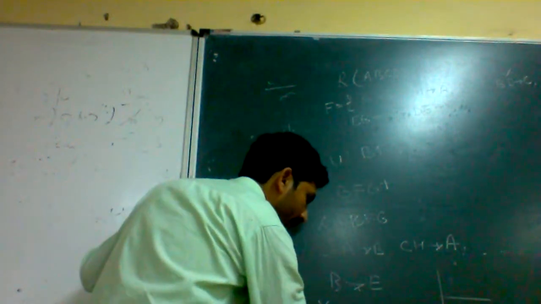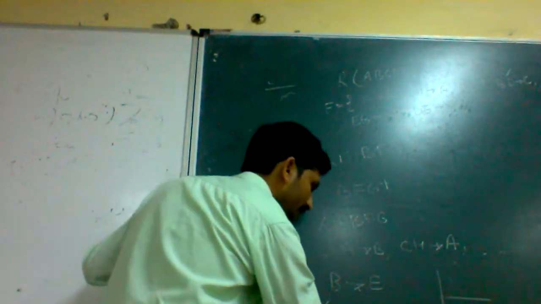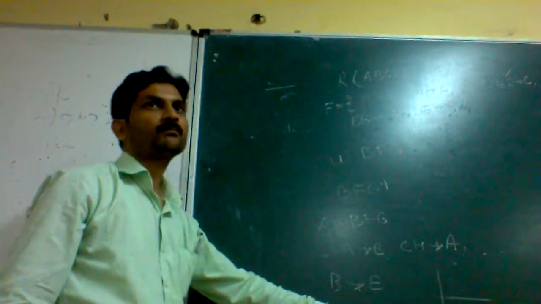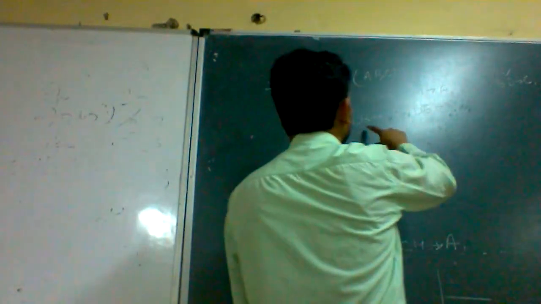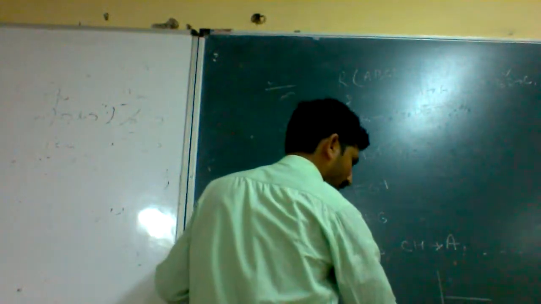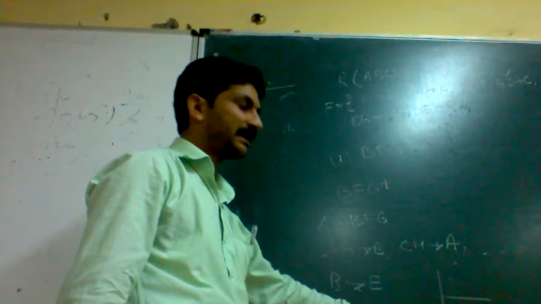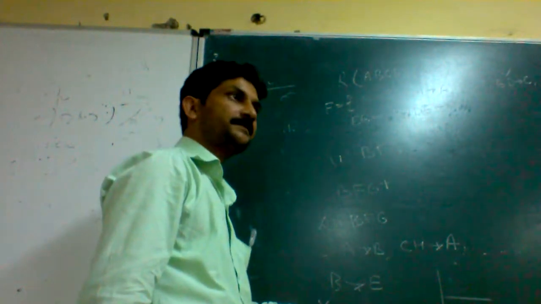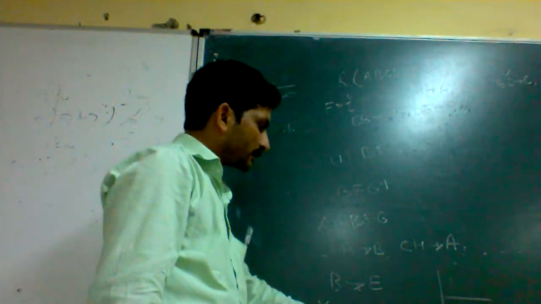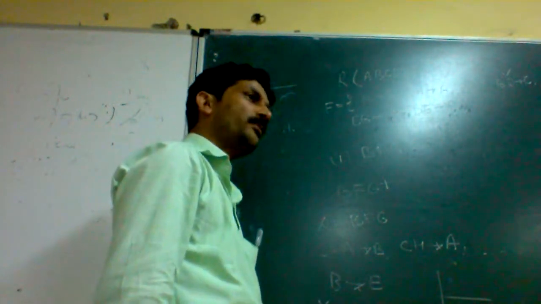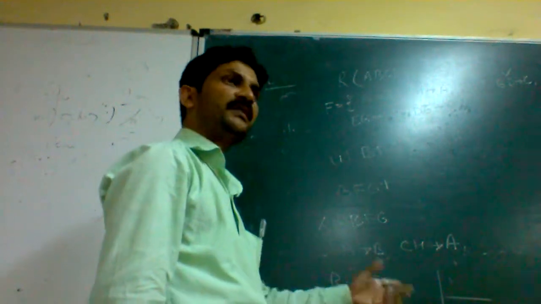BD tends to C, and is BD a member of this one? No. Okay. Then check EG tends to H. EG, and G is a subset of X. E is a member and G is a member.